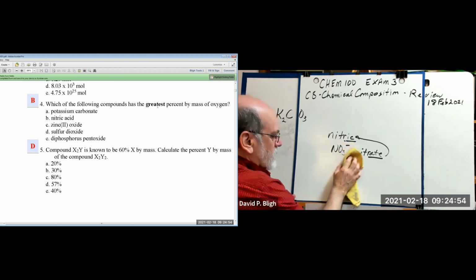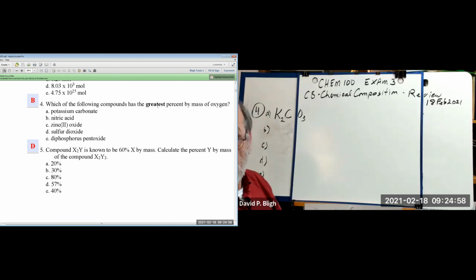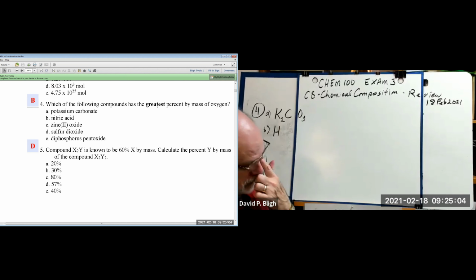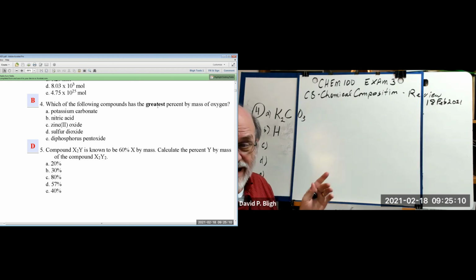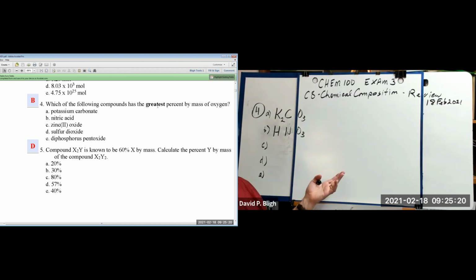Okay, so the other thing we need to write an acid is the proton in front. Acids always start with at least one of those. And since nitrate, look it up in your chart, nitrate is NO3 minus, then we only need 1 proton because that's a plus charge. Okay, so there's the compound for nitric acid.